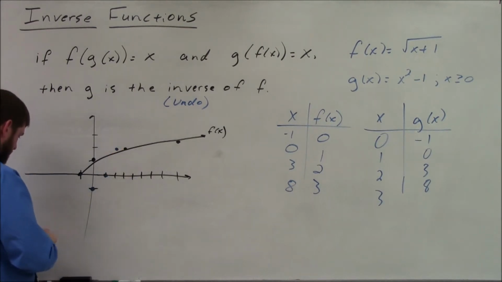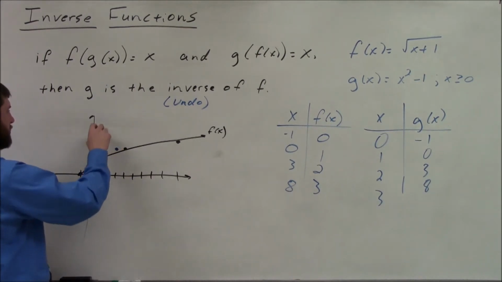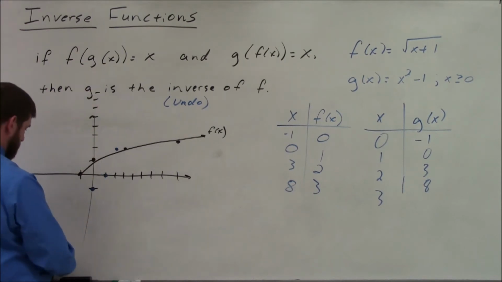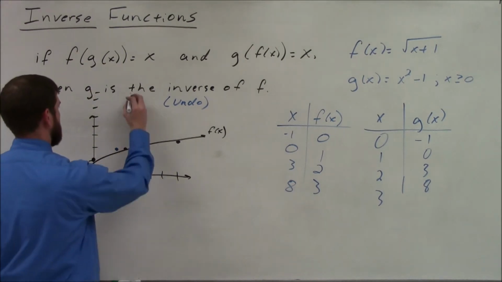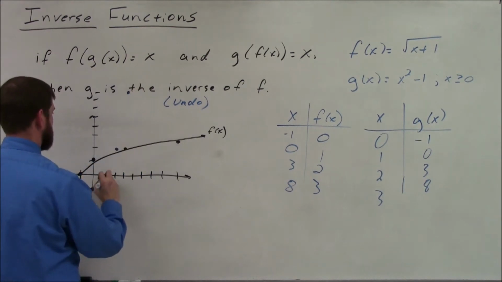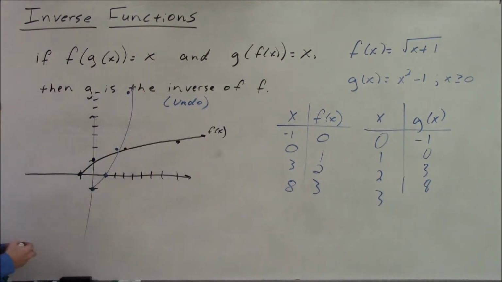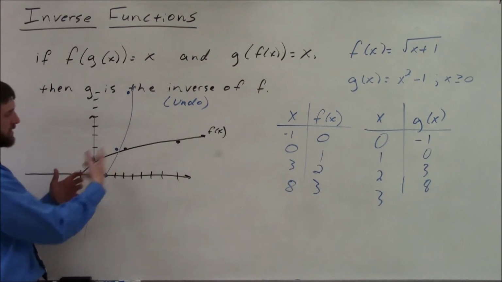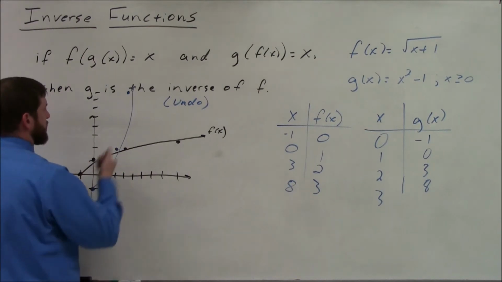And 3 is all the way up here at 8. Somewhere up in here. So we'll pretend that went through those points. But we get this function right here, the g of x function.